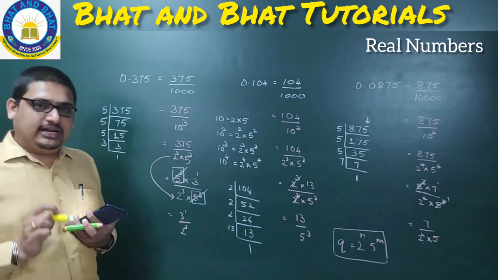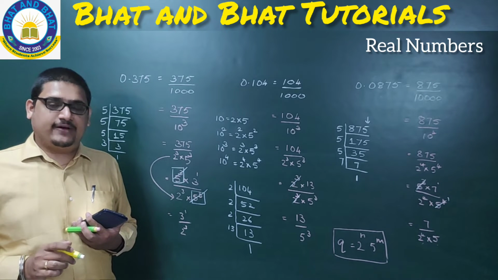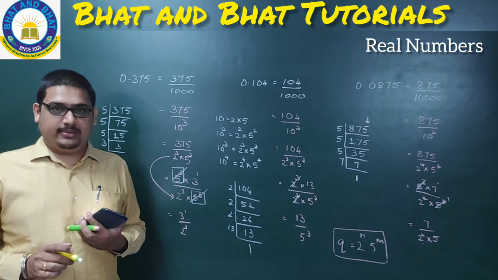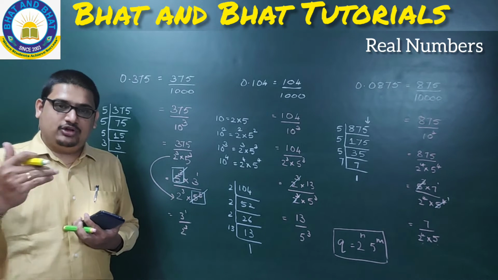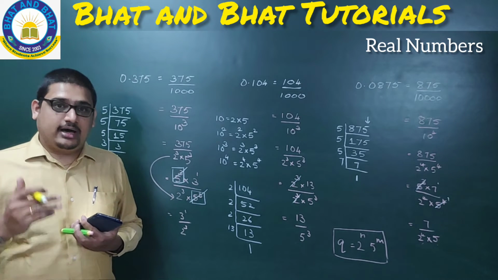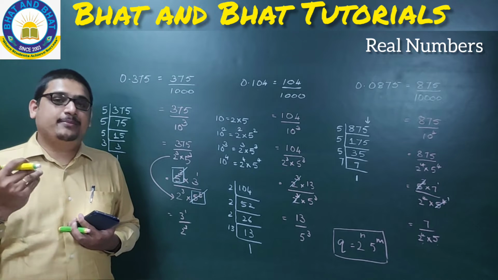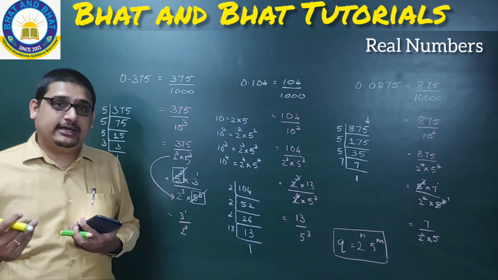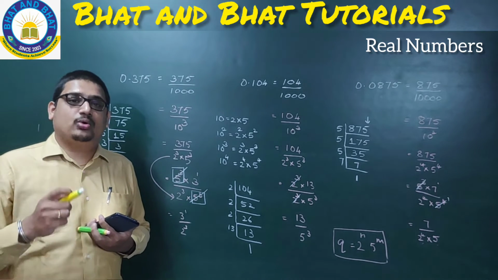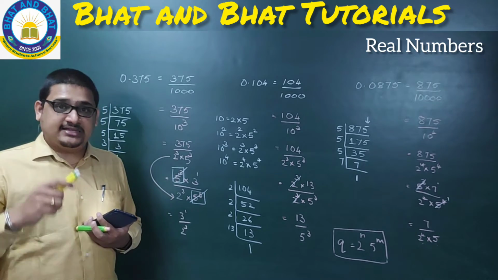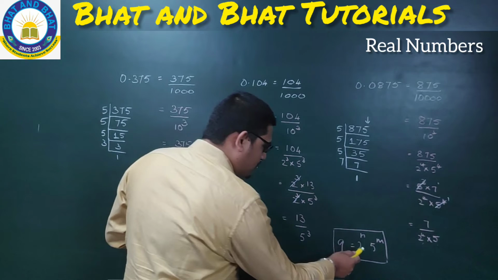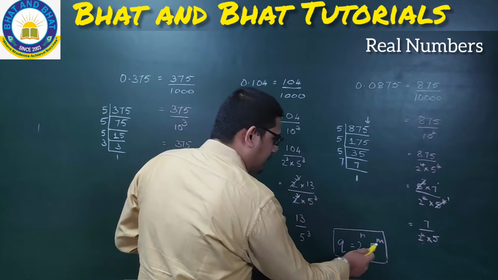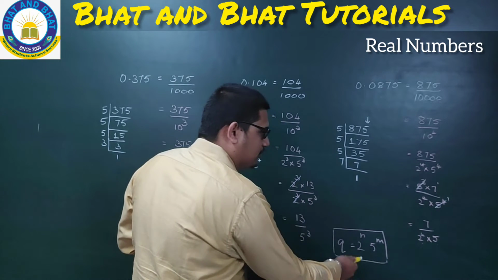So if I do the prime factorization of the denominator and reduce it by using the numerator expansion also, I am reducing it to a form of p by q where p and q are co-prime. In such case, q will be having factors powers of 2 or powers of 5 or both.